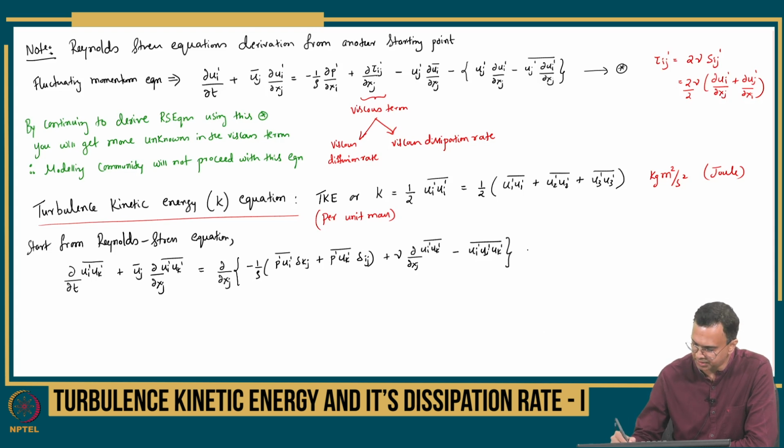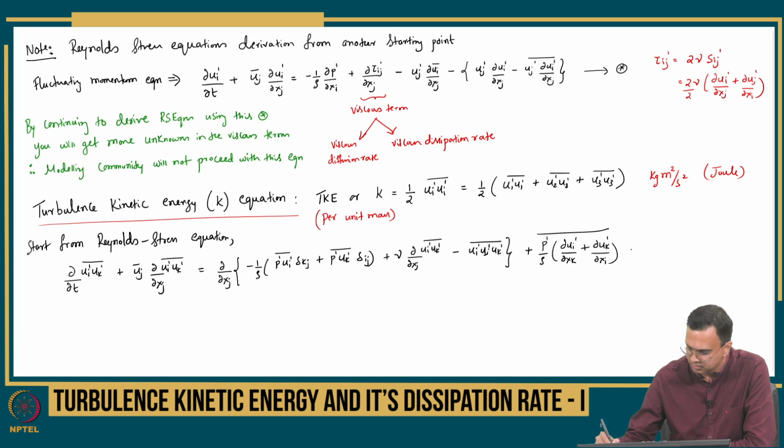Then I have the pressure strain rate term, which is plus p prime by rho times dou ui prime by dou xk plus dou uk prime by dou xi, and then the production rate term, which is minus uk prime uj prime dou ui bar by dou xj plus ui prime uj prime dou uk bar by dou xj.